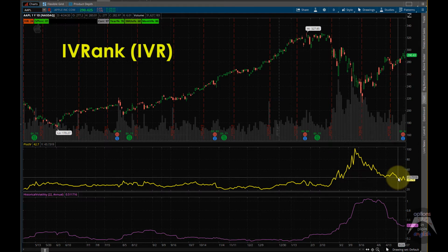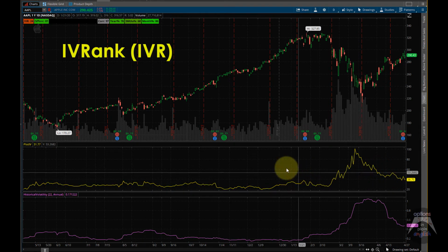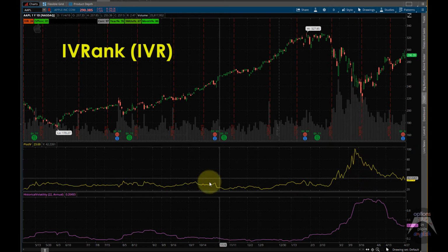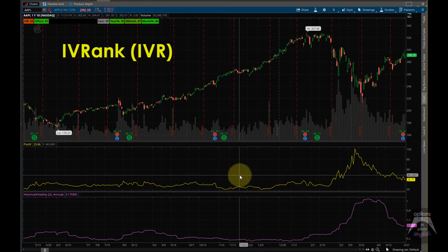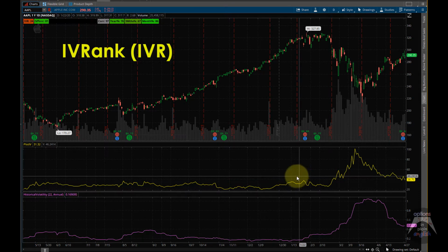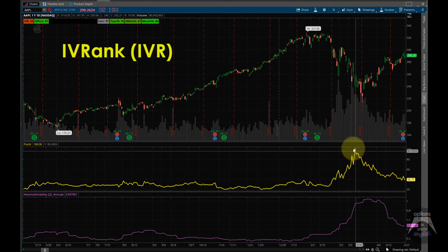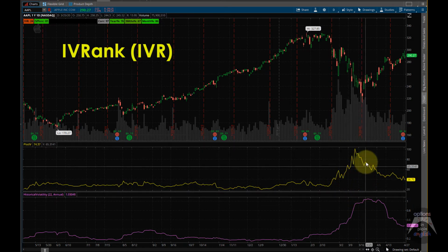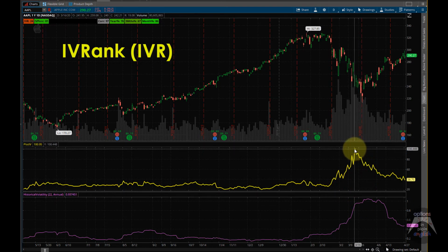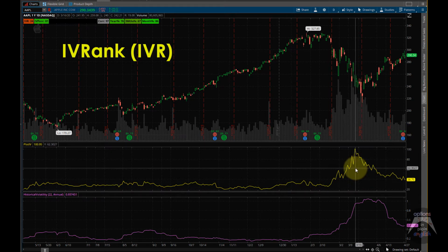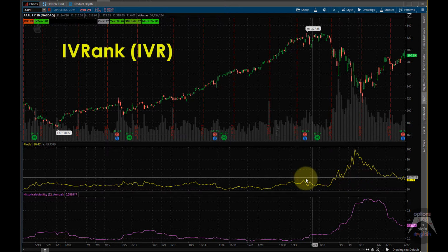So they're going to be understated by using IVR. Spikes up and also spikes down are, in a way, skewing the number, because now the absolute scale, the 0 to 100 scale, is going to be usually larger than it would have been otherwise, and single specific instances are going to skew the number. That's the main flaw of IVR.